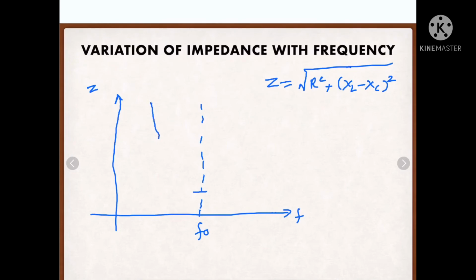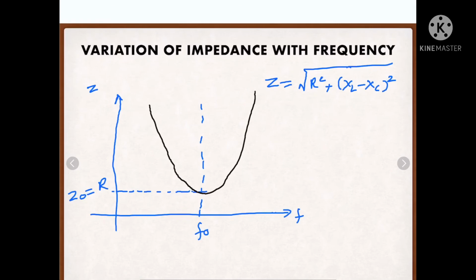So the graph for impedance is going to look like this. And this will be Z naught, that is equal to R, and it is also known as dynamic impedance.